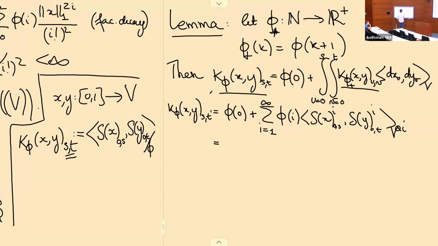But now this is what? This is phi 0 plus the sum i equals 1 to infinity. And then I have phi i, and then I can use the definition of the signature.